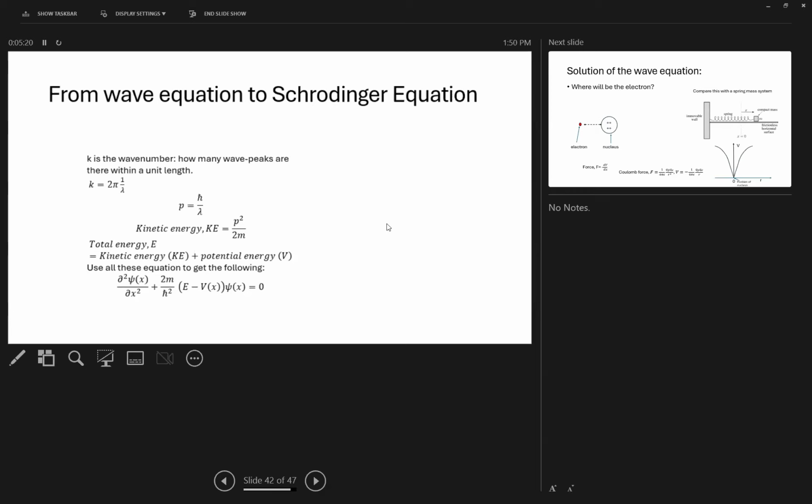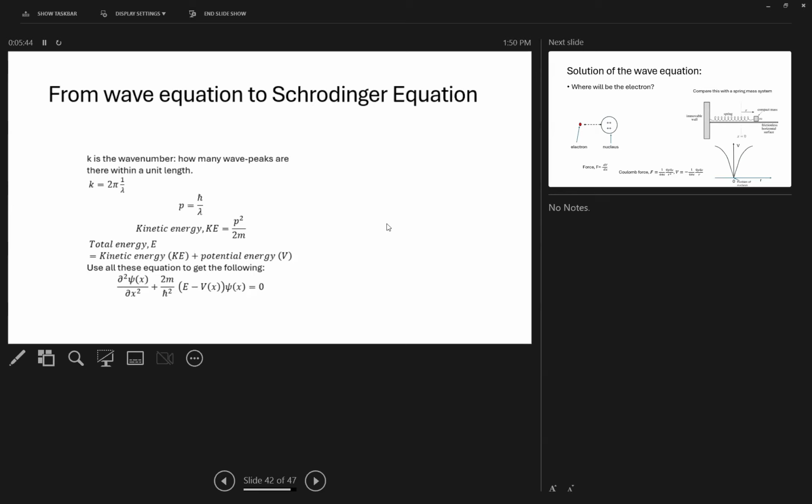p is the momentum. Remember, momentum is mass multiplied by velocity, right? And then we can also proceed further. We can say that momentum p, which is mass multiplied by velocity, has a relation with the energy of the particle. How?